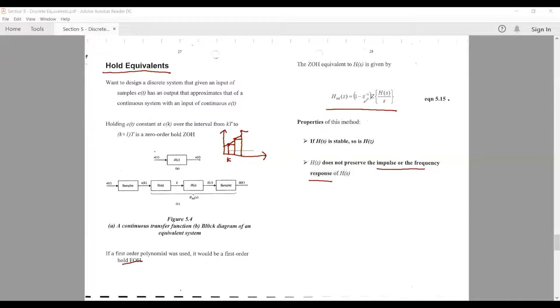We looked at an example of this in the last section, section 4, but let me show you that example again, how we can use the zero order hold equation to arrive at H of z.